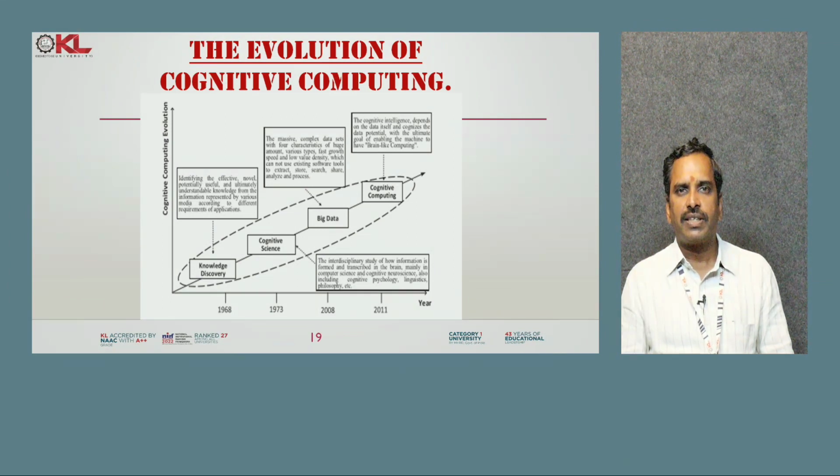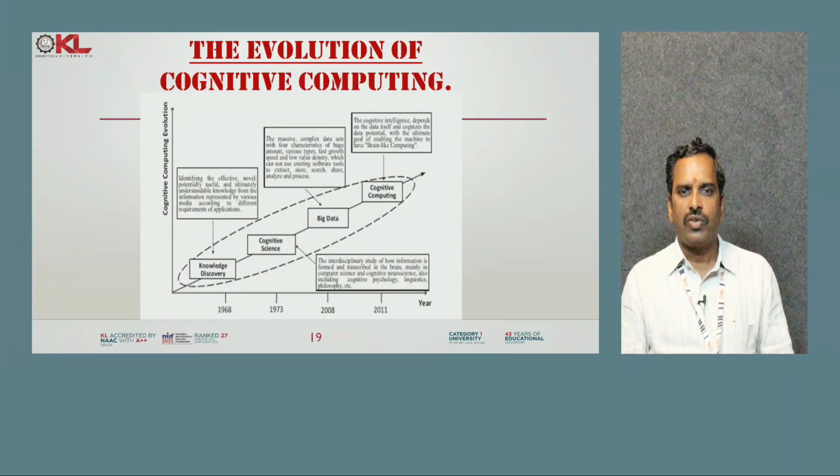In the previous slide I discussed the big data characteristics: volume, variety, velocity, value, variability, veracity. The fundamental ones are volume, variety, and velocity.